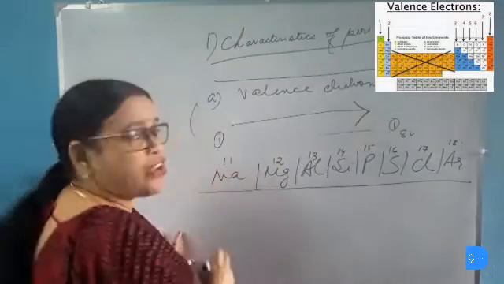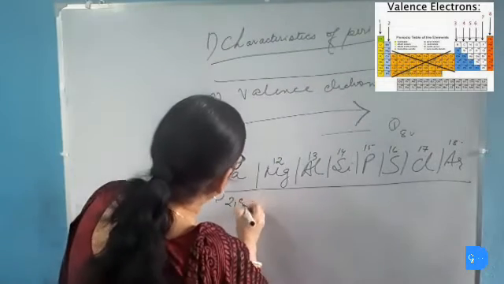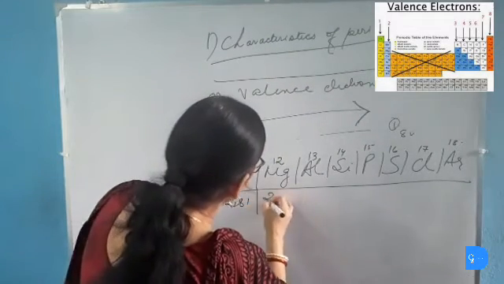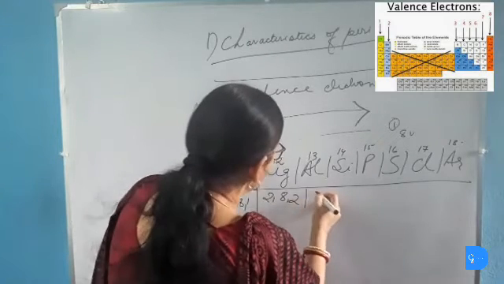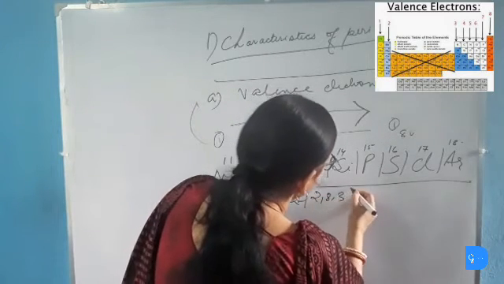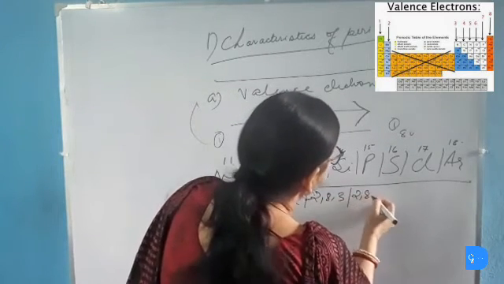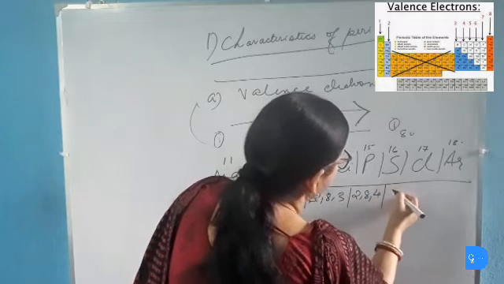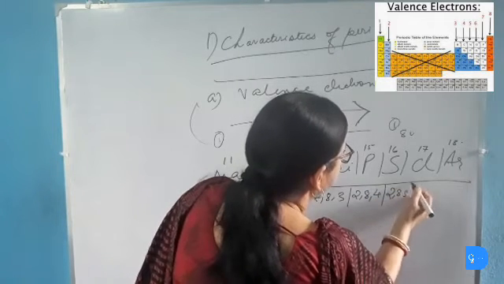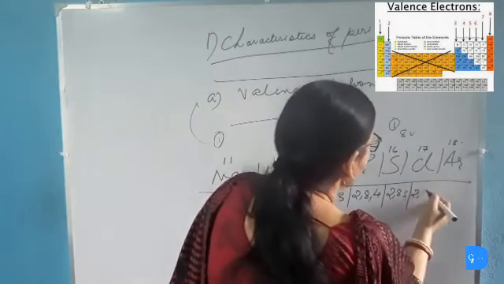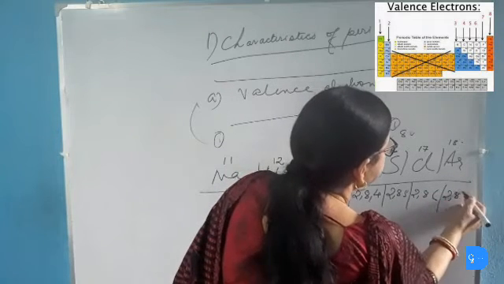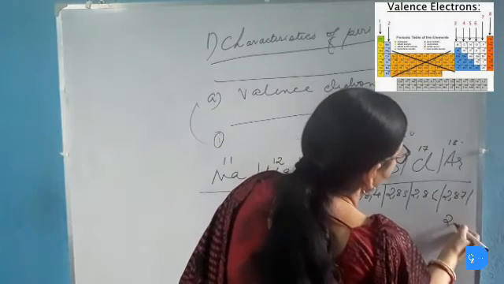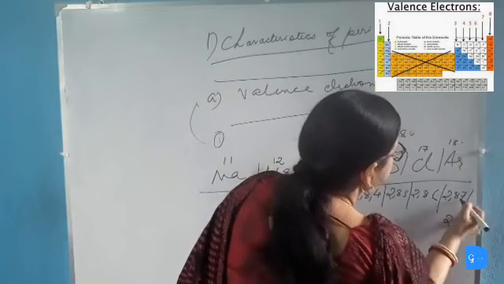The electronic configuration of sodium will be 2, 8, 1, magnesium 2, 8, 2, aluminium 2, 8, 3, silicon 2, 8, 4, phosphorus 2, 8, 5, sulfur 2, 8, 6, chlorine 2, 8, 7 and argon 2, 8, 8.